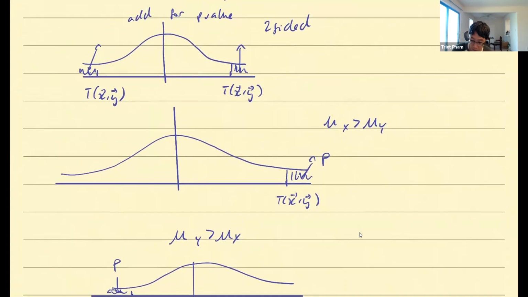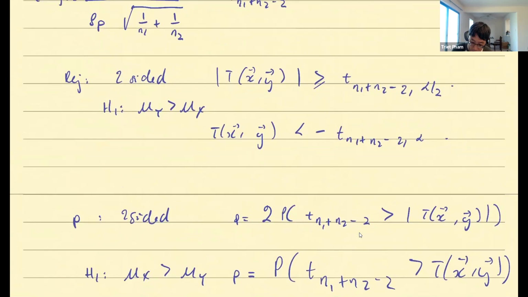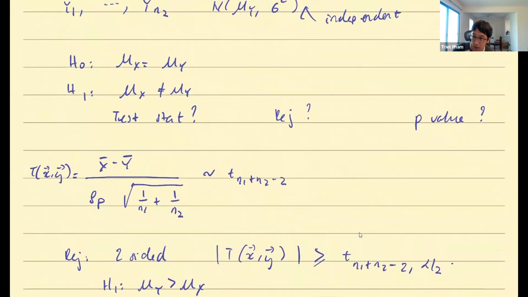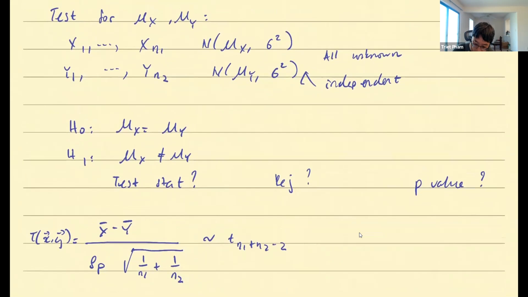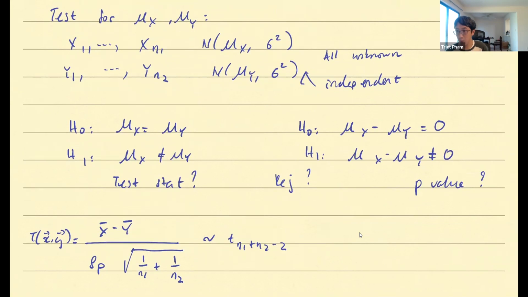So one thing for you to note is that this hypothesis test, even though it's on two samples, is really a test for the difference of the means. In other words, you can translate like this. And I think that's actually the true point of view.